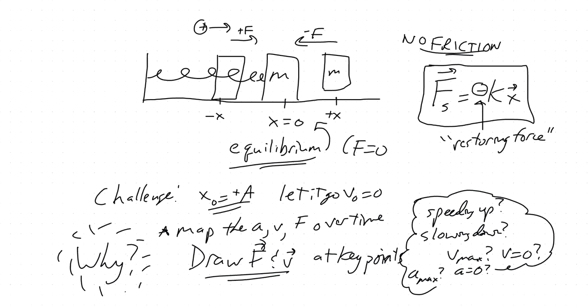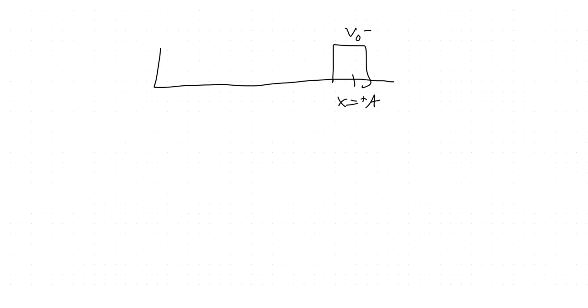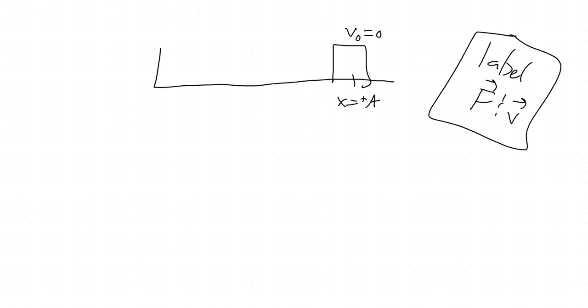Boom. Let's do it. All right. Next page. So let's just draw a diagram of x equals positive A. We're going to label F and v, remembering that F net is acceleration conceptually.